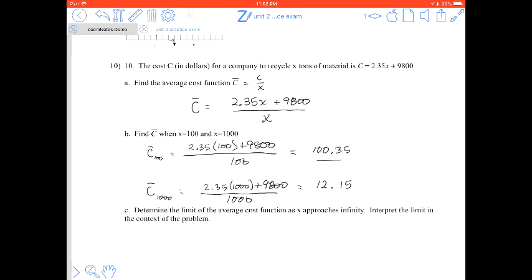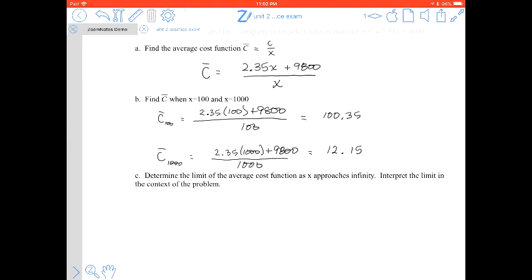Because it started out with an average cost for 100 tons, the average cost was $100.35. When we increased to 1,000 tons, it decreased the average cost to $12.15. So you'd reason, well, if the number of tons keeps going up, the average cost is going to keep going down. Well, does it keep going down indefinitely is the question. Or is it going to reach a point where it starts to level out?